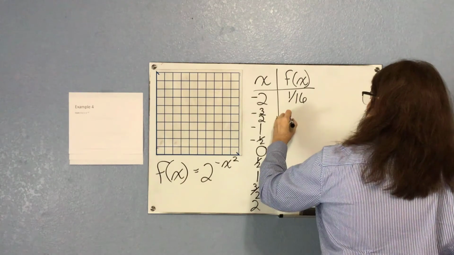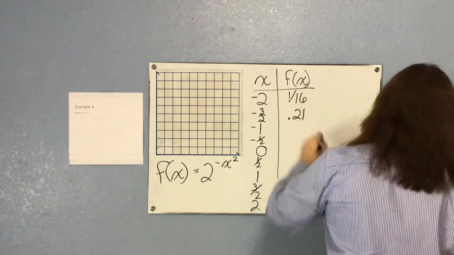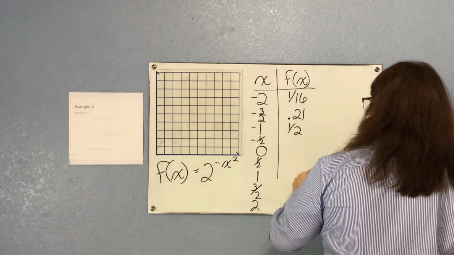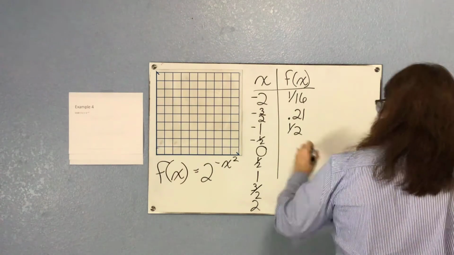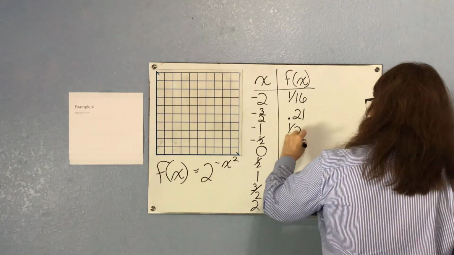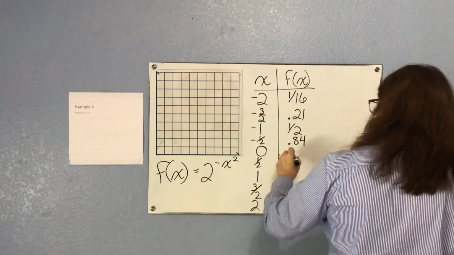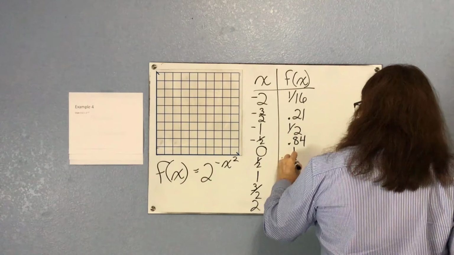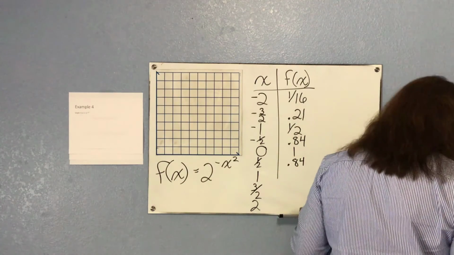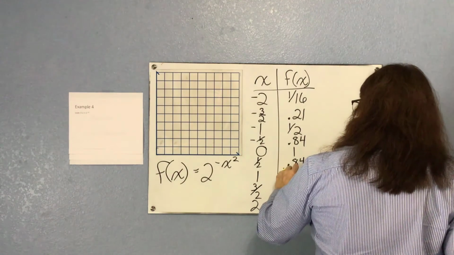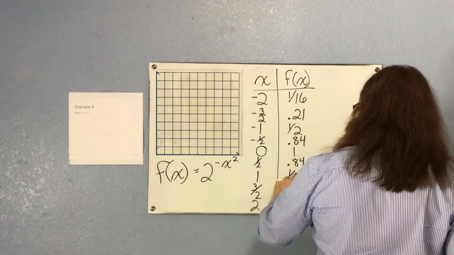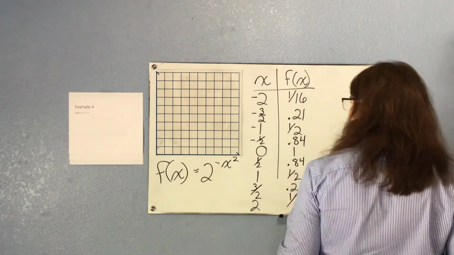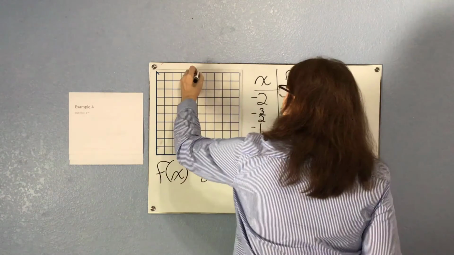On the next one, it comes out approximately 0.21, 1/2, 0.84, still at 1, and then 0.84 again, 1/2 again, 0.21, and 1/16.